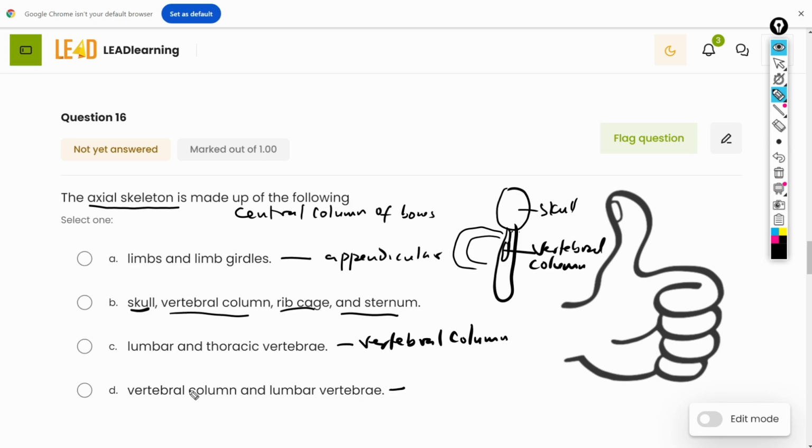So our correct answer here is option B: the skull, the vertebral column, the rib cage, and the sternum make up the axial skeleton.